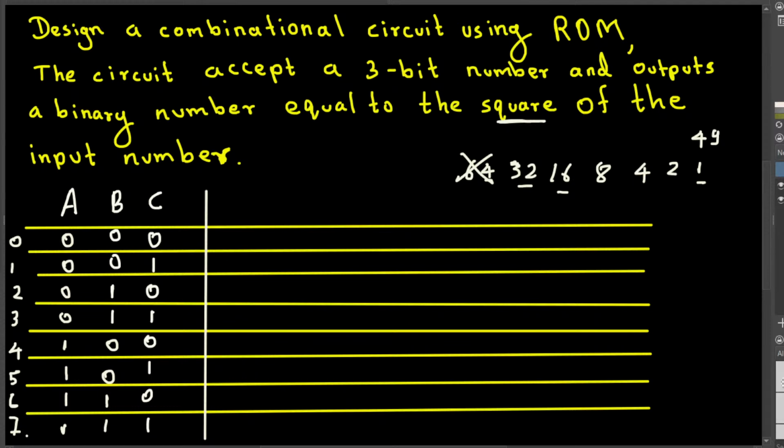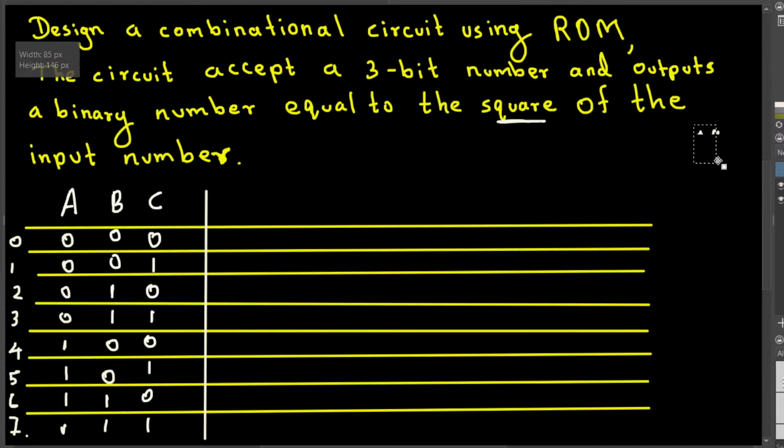Okay, so I'm just gonna erase this. Okay, let's start from B1, B1, B2, B3, B4, B5, and then B6.